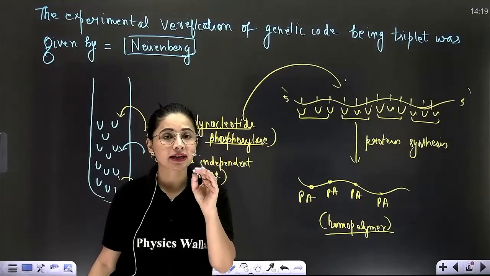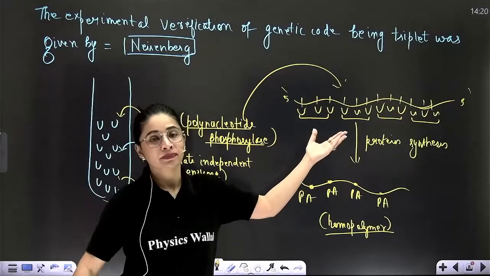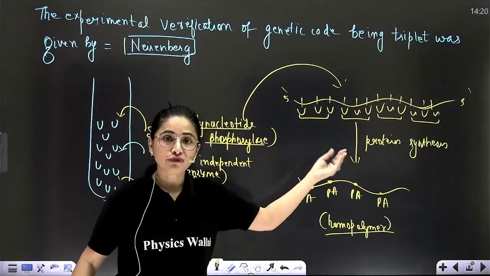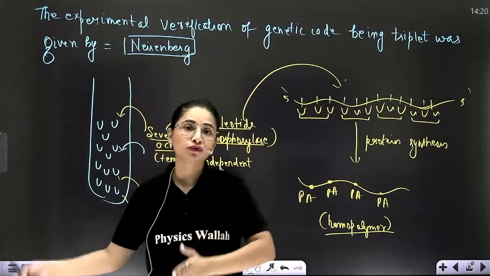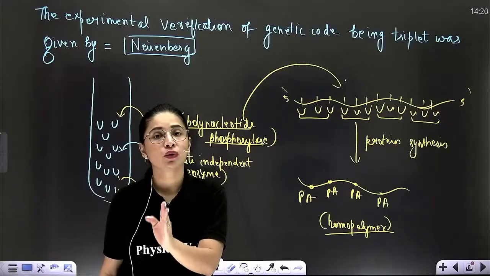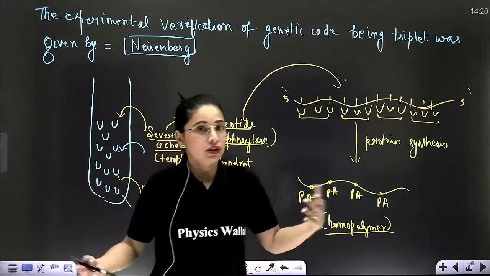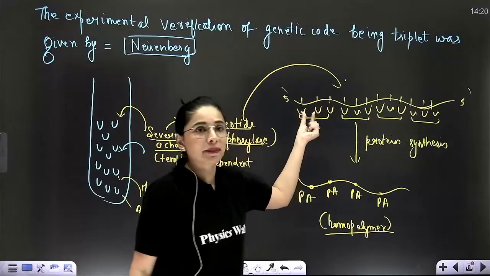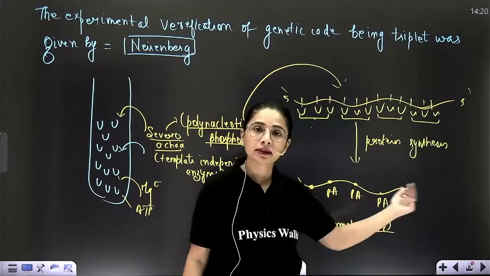That means the genetic code is non-overlapping. Third point, we understood that it is unambiguous because all the time triple U is coding for phenylalanine. That means 1 codon will always code for 1 amino acid only. If this were not the case, then here triple U coded for phenylalanine, and the next triple U should code for another amino acid.